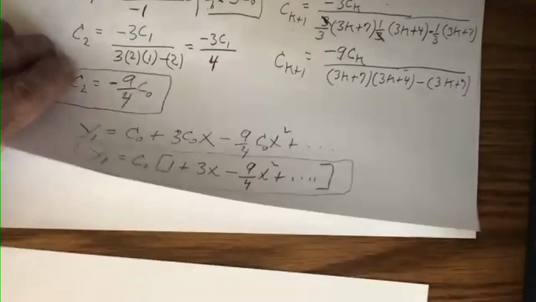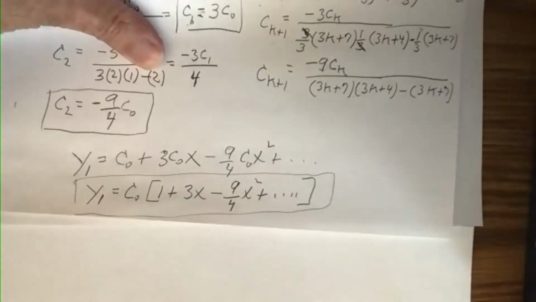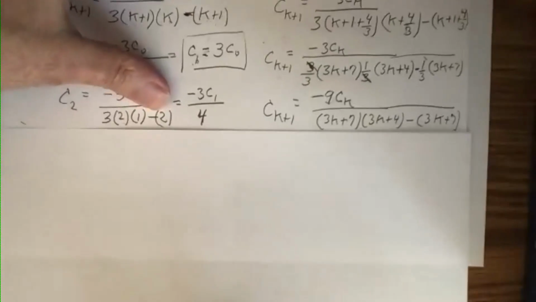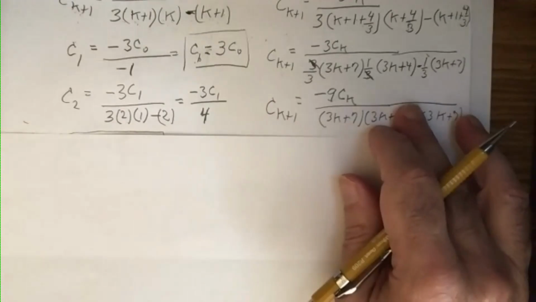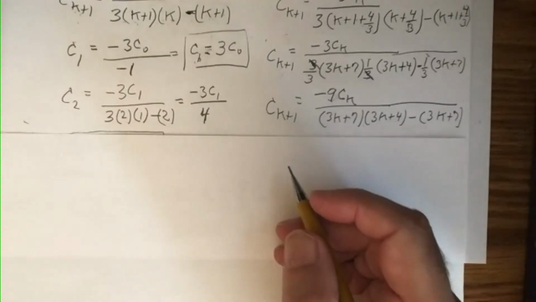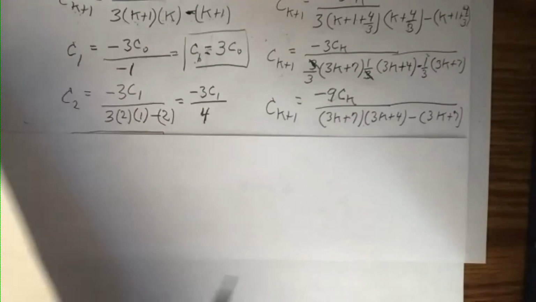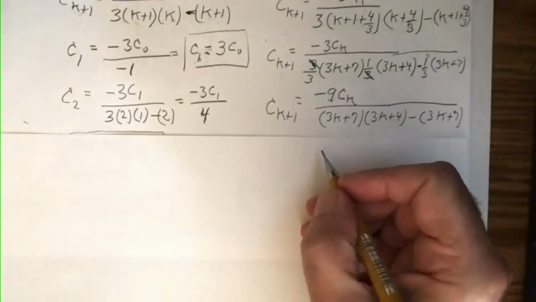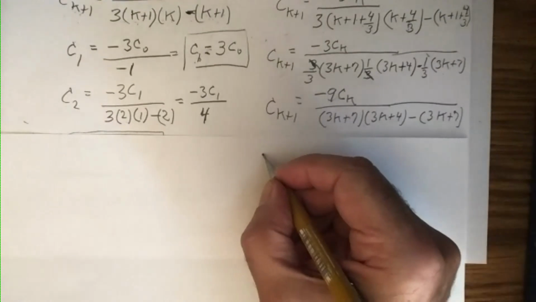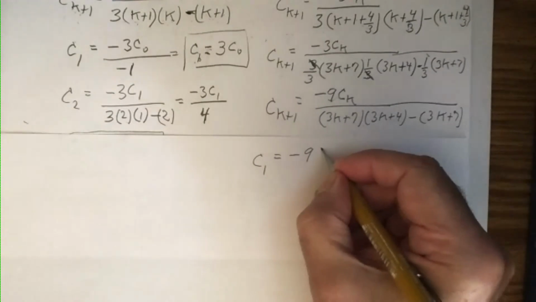Okay, so now we're getting the other solution. Now I'm working with this one. Let's see how this is going to work out. So I'm going to get C1 is equal to minus 9 C0.